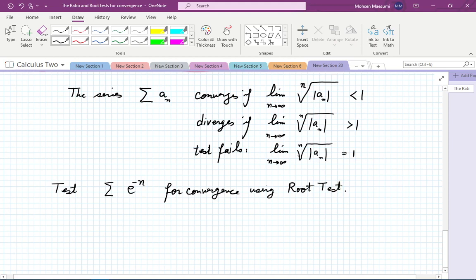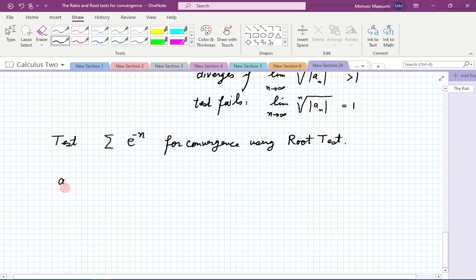We want to test it for convergence using the root test. So what is the idea here? You look at the nth term, then you look at the next one, so instead of n I have to write n plus 1, and to be careful we have to put it in parentheses. We take the ratio, and the ratio is exponential of minus (n plus 1) over exponential of minus n.